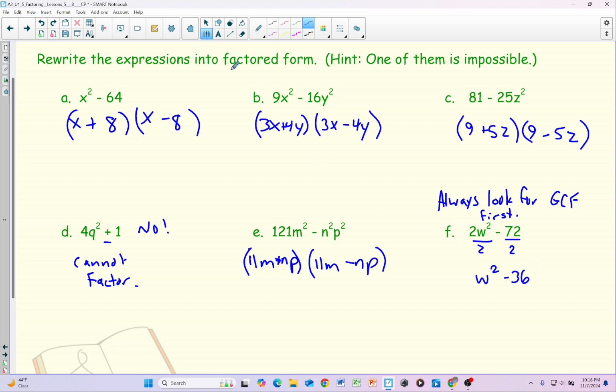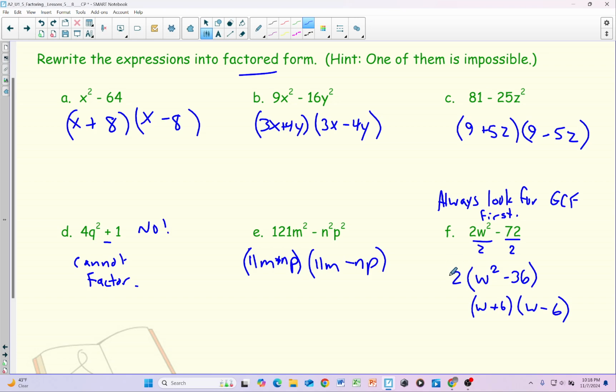But remember, we are factoring, right? So this 2 doesn't just vanish. We put the 2 out in front, like this. So the 2, as we did with our GCFs, we always wrote it in front, and we put our leftover expression in parentheses. Now, does this factor? Is this a difference of squares? It absolutely is. We get w plus 6 and w minus 6.